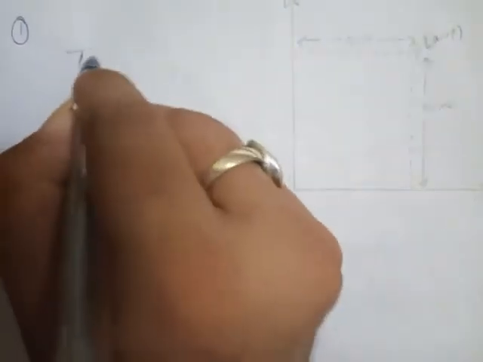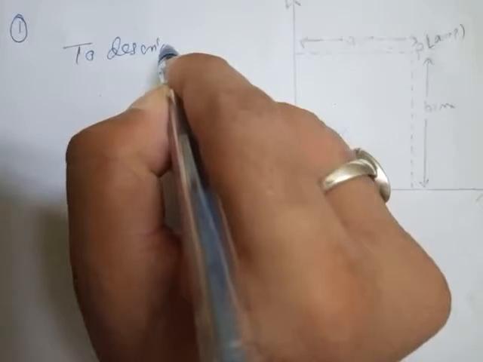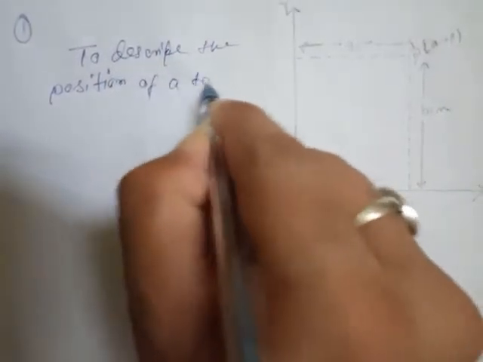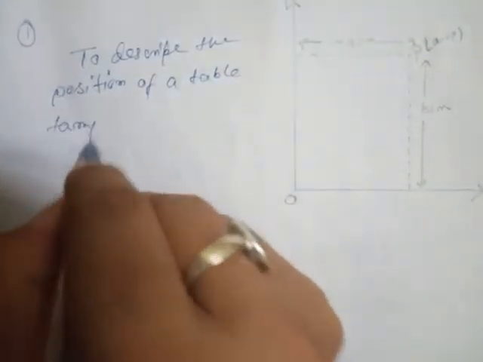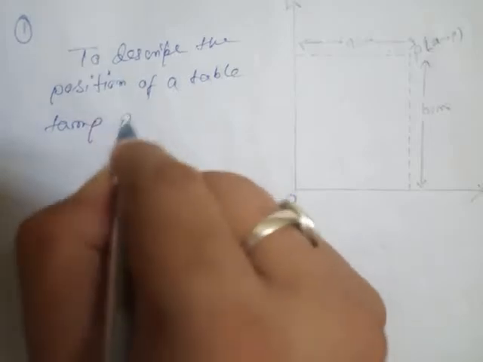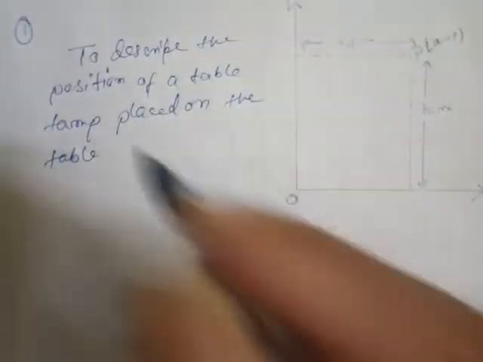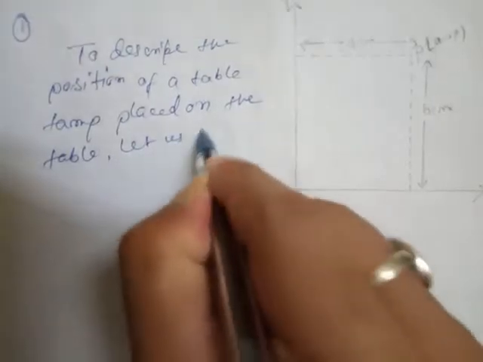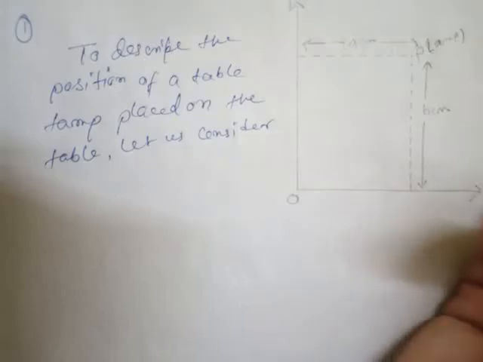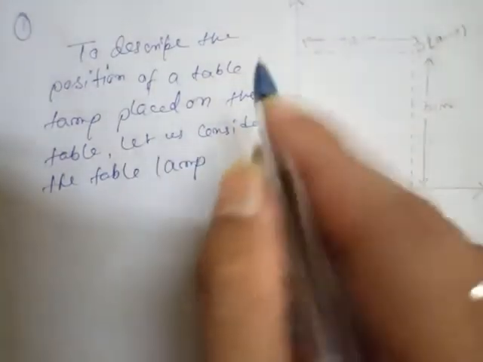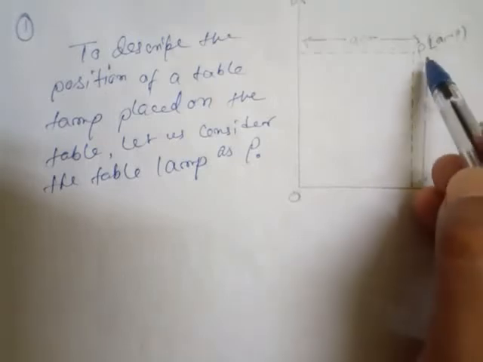To describe the position of a table lamp placed on the table, let us consider the table lamp as P. As in the diagram you can see that P is the table lamp I have taken.